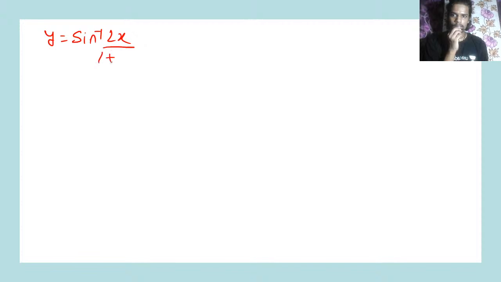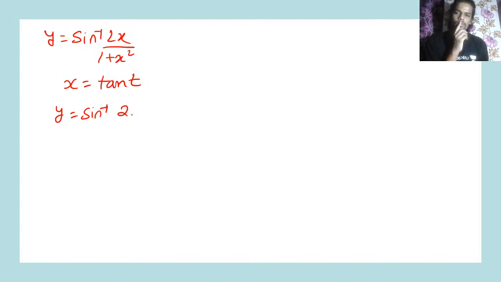In these questions you have to use a substitution. If you see, y equals sine inverse 2x upon 1 plus x square. If you put x equal to tan t, what will you get? y equals sine inverse, you will get 2 tan t upon 1 plus tan square t.